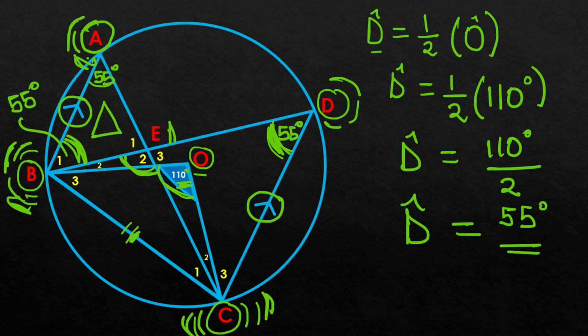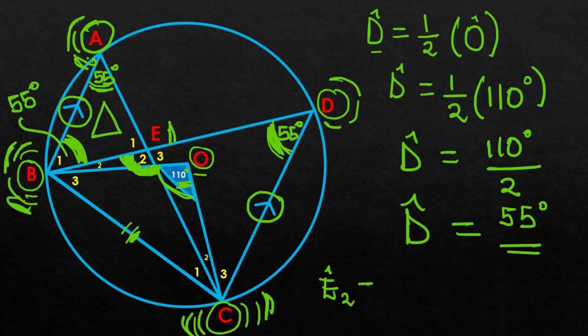And you will see that E2, this one, is an exterior angle of that triangle. So we know that an exterior angle of a triangle is equal to this added to B1.